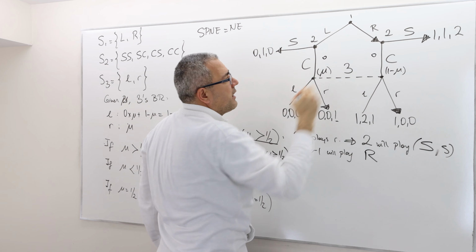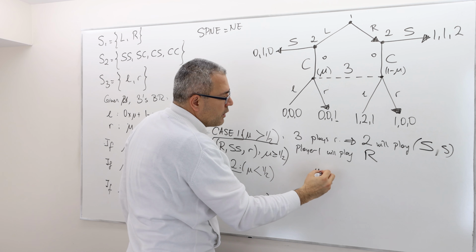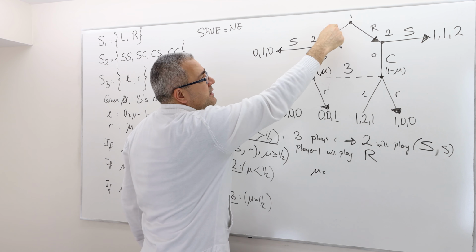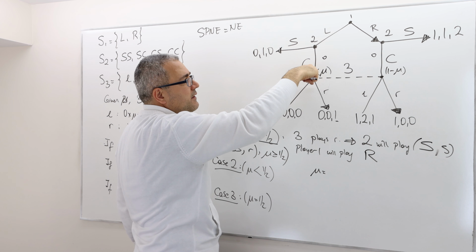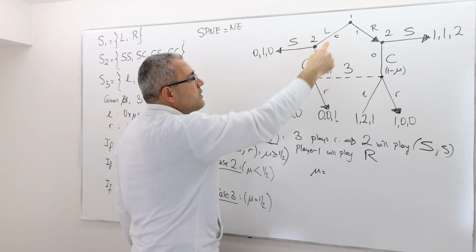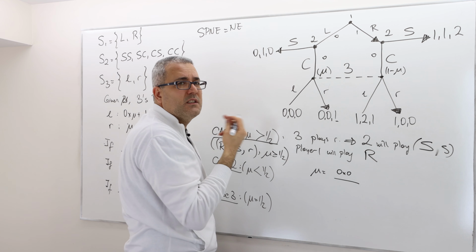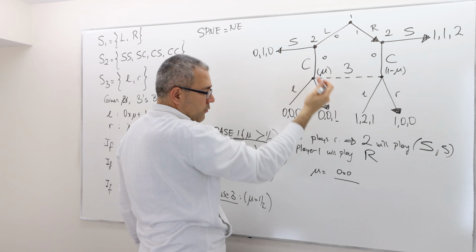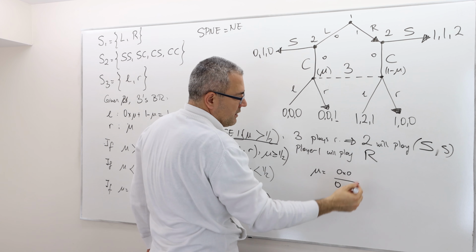The likelihood he's going to play C here is also 0. So the thing is, what is the mu? Mu is the probability of being here, which is the probability that player 1 will play L and player 2 will play C. This is 0, and this is probability 1 because he's going to play R. So it's basically 0 times 0 divided by the probability of being in this info set, which is the probability of being at this decision node, which is 0, plus the probability of being at this decision node, which is 1 times 0, which is 0.